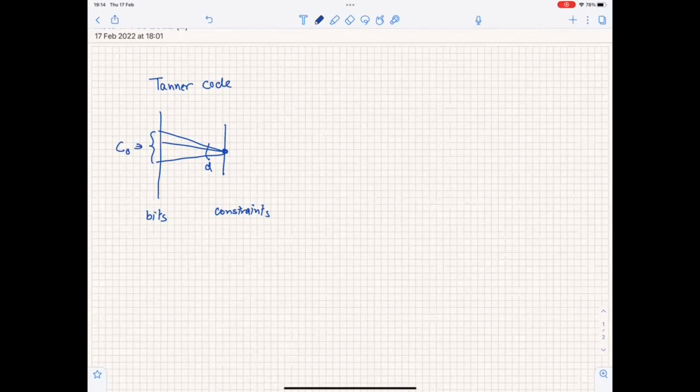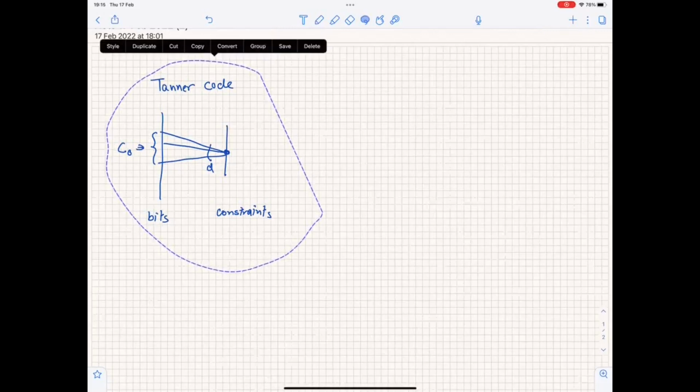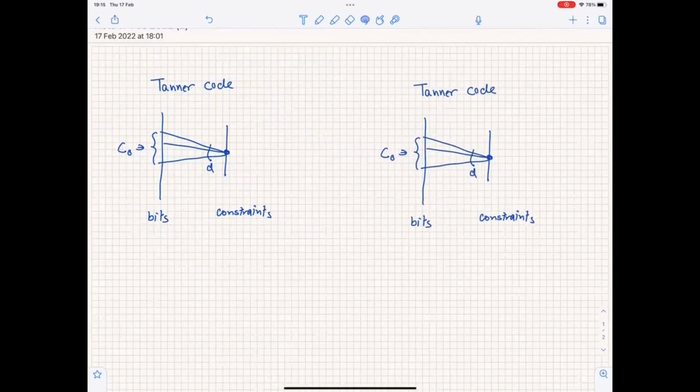Now we have two instantiations of this, so maybe I copy it twice. One time, what is this bipartite graph?